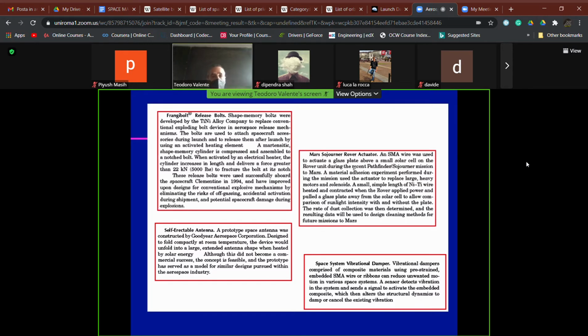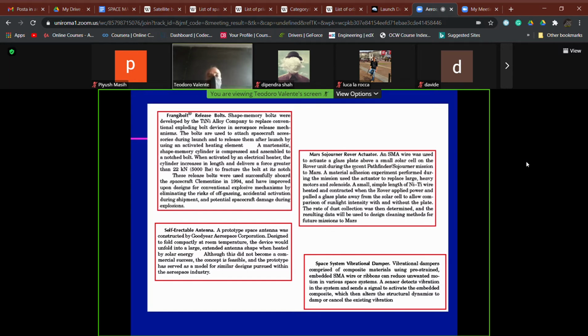Also in this case, by giving heat, we can have induced stresses inside the material, because it is going to recover its original form.